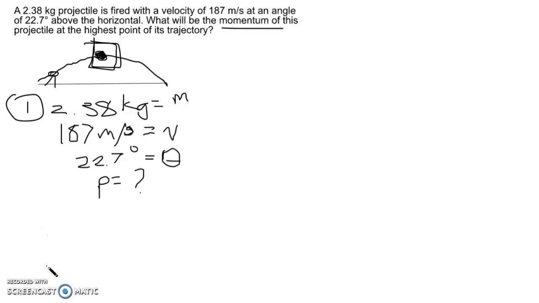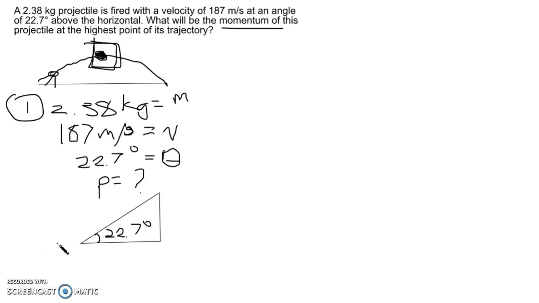Okay, so first, let's draw a triangle. It should be a right triangle. Let's try that again. Okay, and let's say that its angle here is 22.7 degrees.